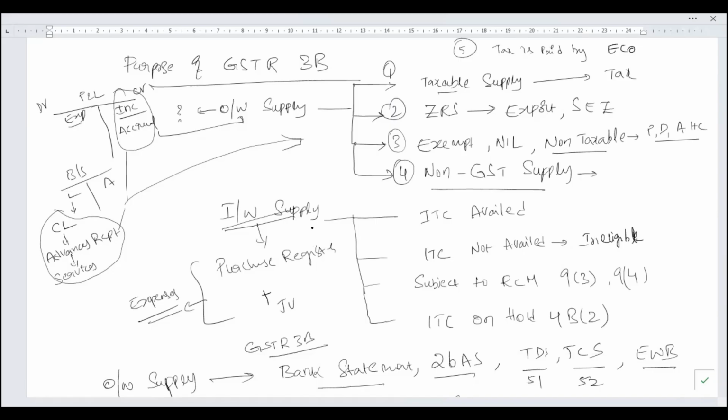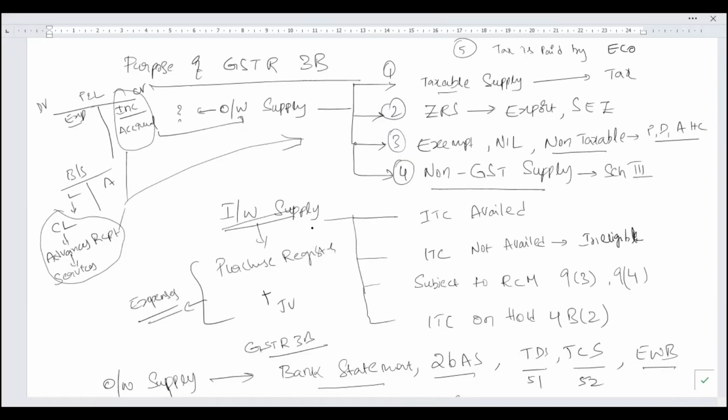What is non-GST? Non-GST supply is your Schedule 3 transactions, where the government said that it is not subjected to GST. It is subjected to something else. For example, sale of land, immovable property. Immovable property is subjected to state levy. The central government has no jurisdiction over it, like Article 246A. You remember Article 265, authority to levy tax.